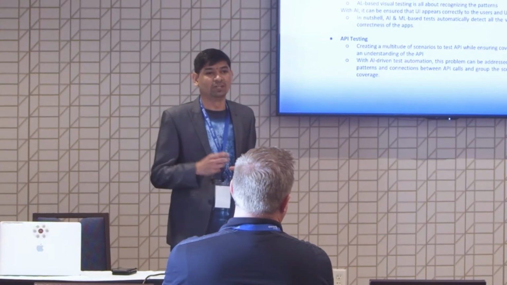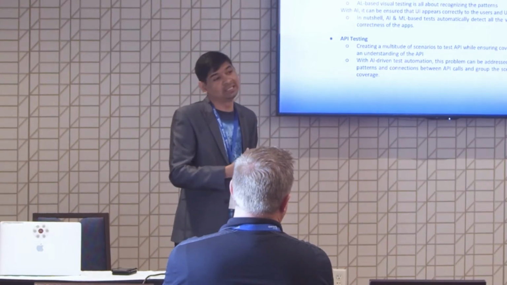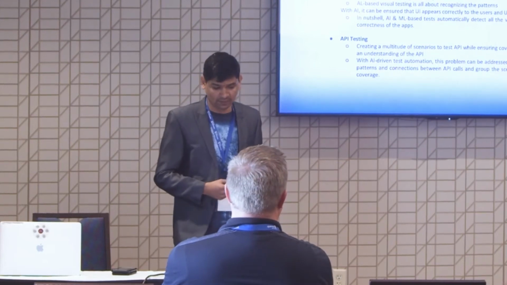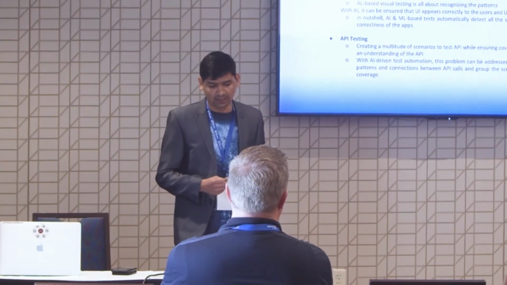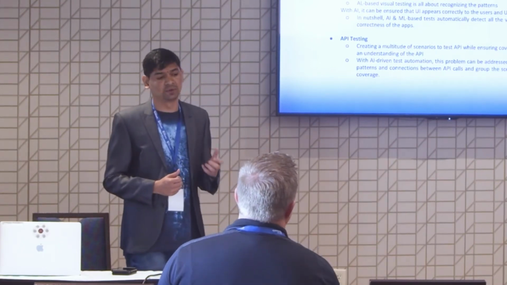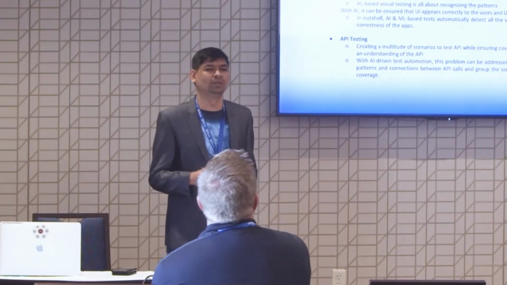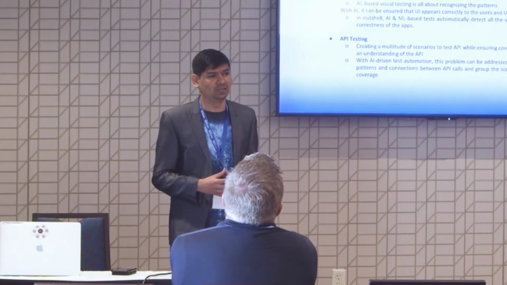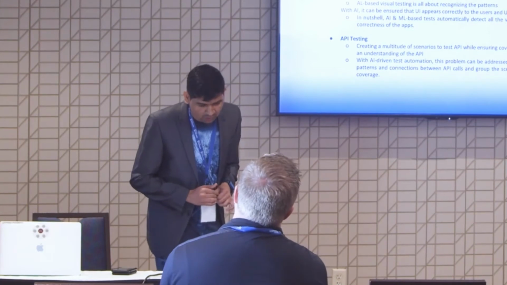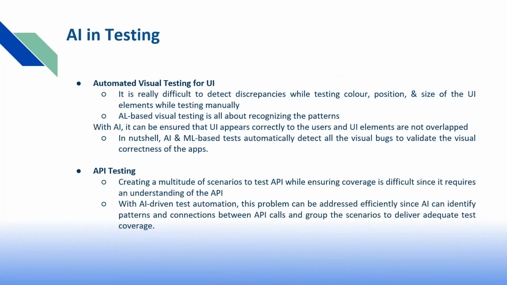Second is machine learning, where you train a computer to mimic human behavior, so it will take its own decisions and predict. The third is deep learning, which is used to solve complex problems using multiple models in combination, for example a neural network. Now, there are multiple applications where we can use AI in testing.